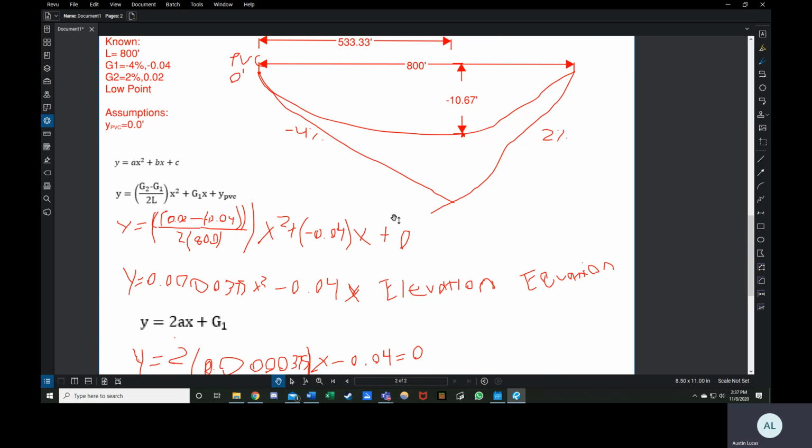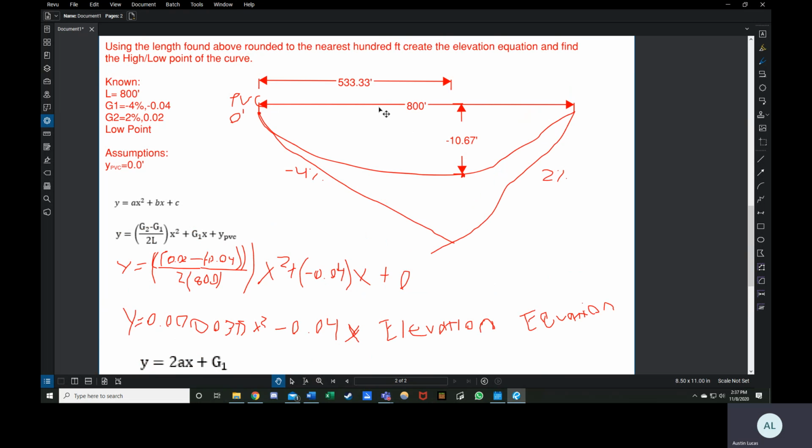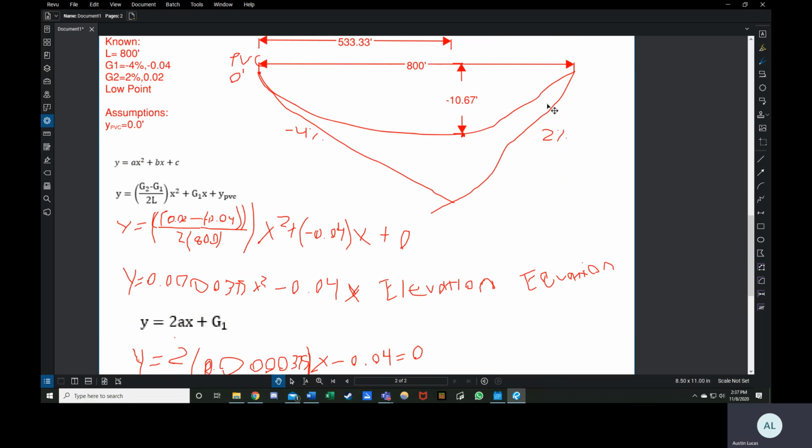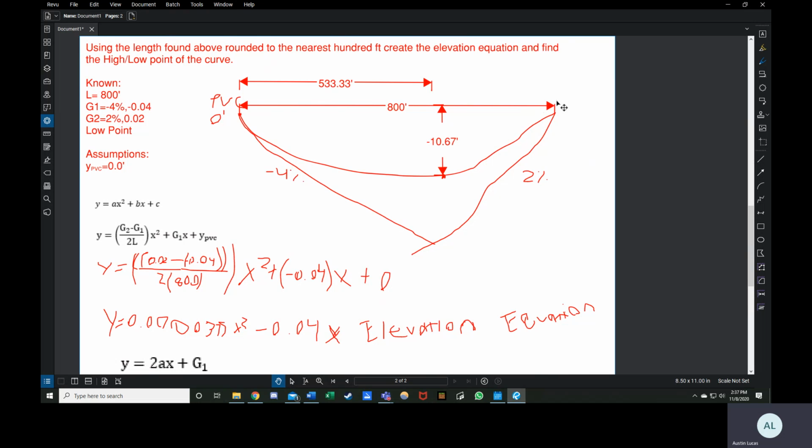Since we said it was 0, it doesn't really play too much of a role in this problem. Our x is the distance from PVC along this line. So our maximum x would be 800, and that would tell us what our elevation at this end station would be.